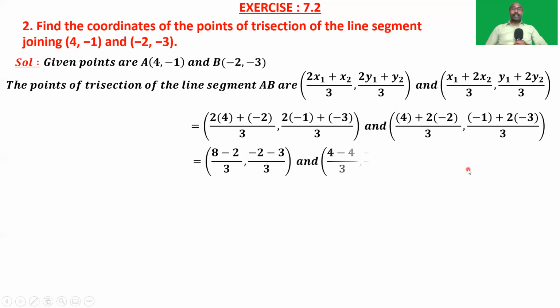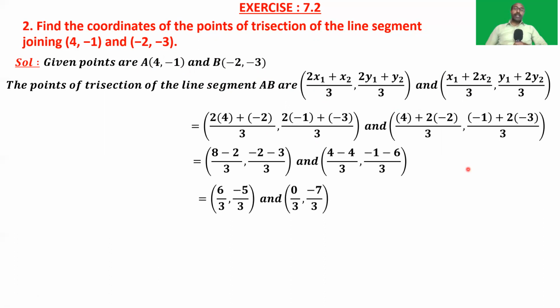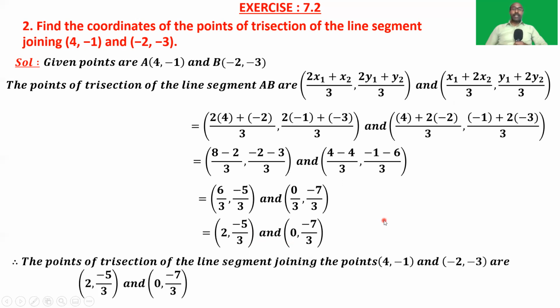By simplifying this, we get 6 by 3 comma minus 5 by 3 and 0 by 3 comma minus 7 by 3. That is 2 comma minus 5 by 3 and 0 comma minus 7 by 3 are the points of trisection of the given line segment, joining 4 comma minus 1 and minus 2 comma minus 3.